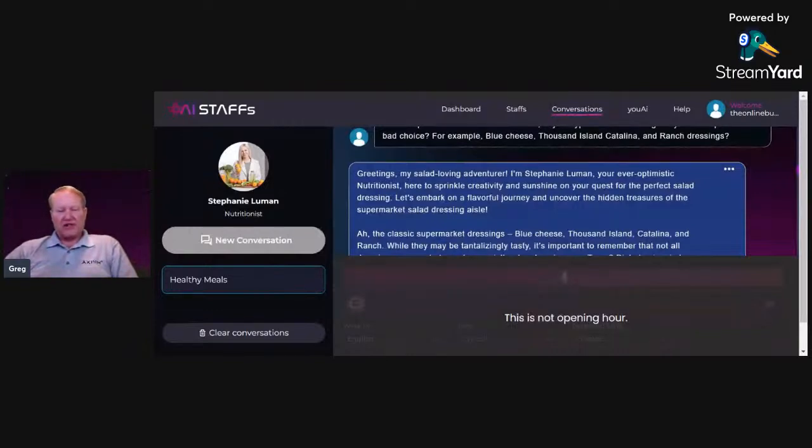This makes it so much easier so that you can get right to the point with the questions that you have, and even questions that you have put off, knowing that you want the answers, but you don't want to go research it. Well, AI staffs will research it for you. And in fact, like I said, the staff members are specialized, and that'll just make it that much quicker for you.